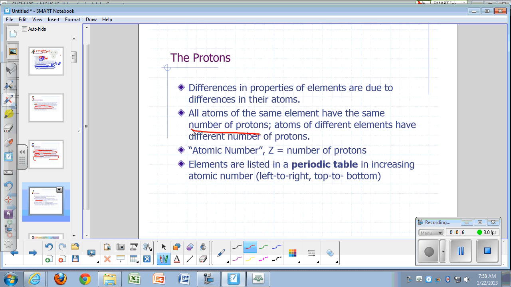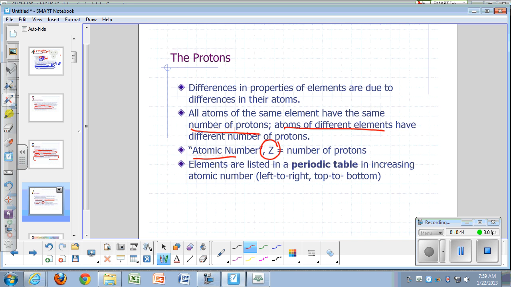If two atoms have different numbers of protons, then they're atoms of different elements. We typically use the capital letter Z as the symbol for the number of protons, which we call the atomic number, and it can be used as an identifying number for atoms and elements.